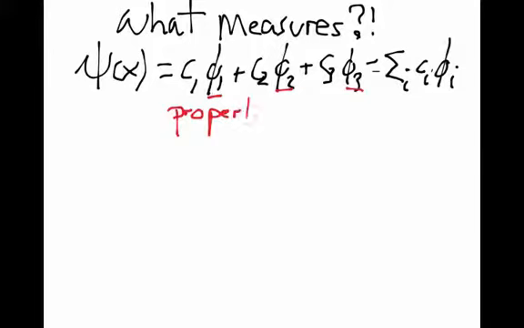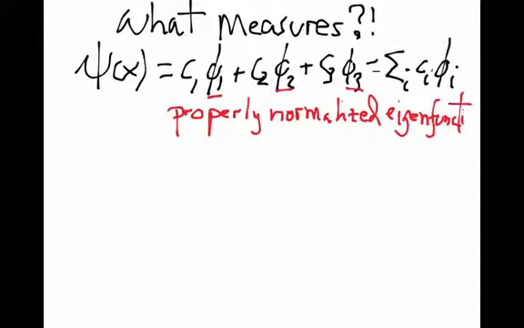So Phi1, Phi2, and Phi3 must be properly normalized eigenfunctions of the operator, big O hat, your favorite ice cream, whatever it is we're trying to measure. They have to be properly normalized eigenfunctions over the interval if it's confined, or whatever the normalization is.